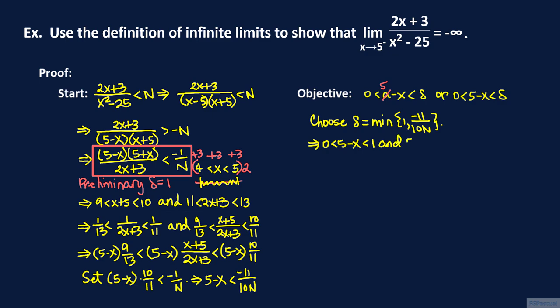Our choice of delta also implies that 5 minus x is less than minus 11 over 10 times n. 5 minus x being between 0 and 1 implies that x is between 4 and 5. Now we add 5 to each part of this inequality. The result is 9 is less than x plus 5 is less than 10.